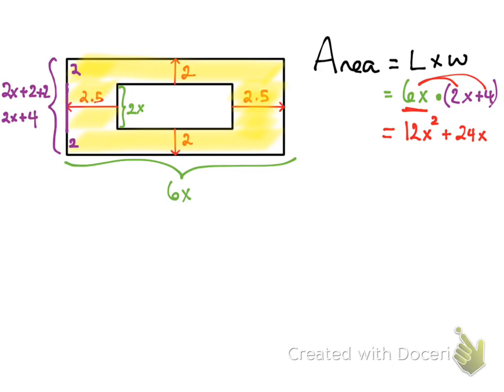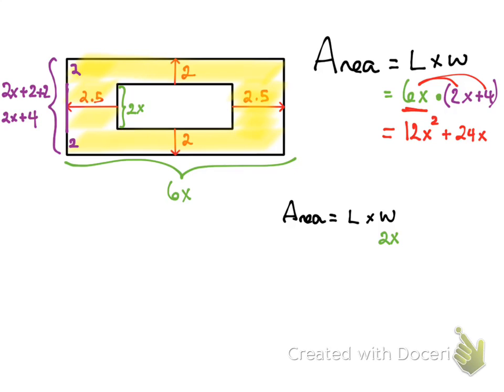Next, I need to find the area of the small rectangle. Alright, so I begin by writing down the formula. I'm going to write the formula in black. Area equals length times width. This time I know the width of the rectangle, and the width is 2x, which I'm going to write in green.